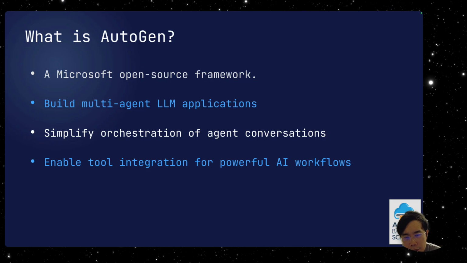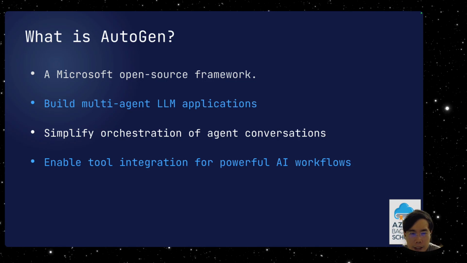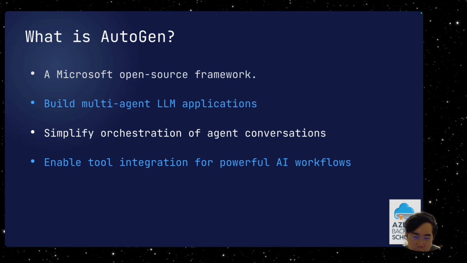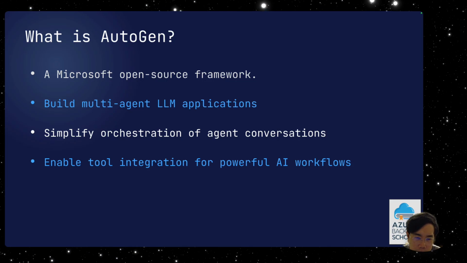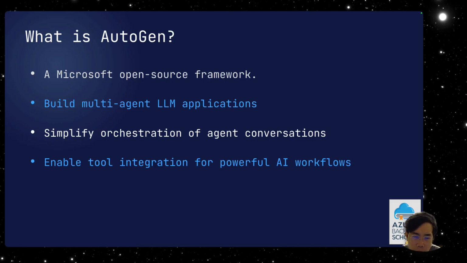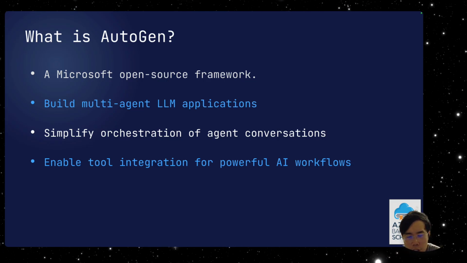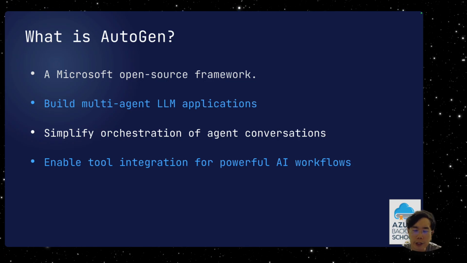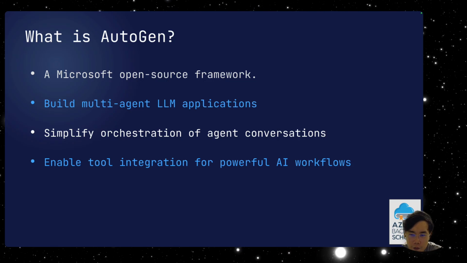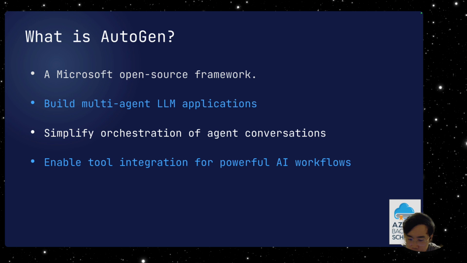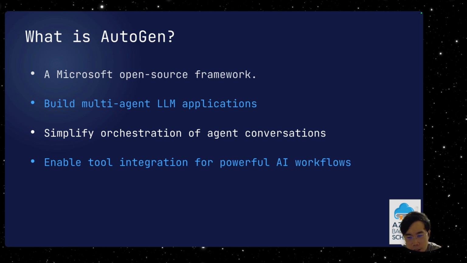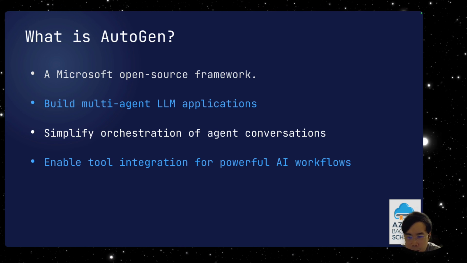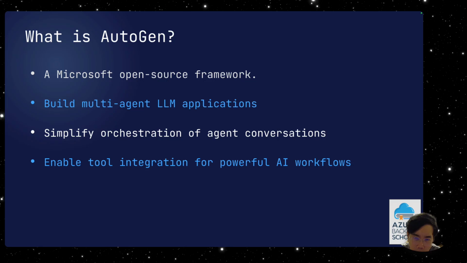AutoGen is free to use, as you know. They can build multi-agent LLM applications. It simplifies orchestration of agent conversation, and also enables integration with third parties, like many APIs and many AI workflows.